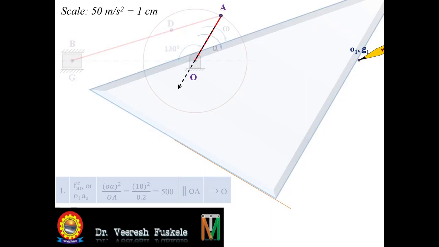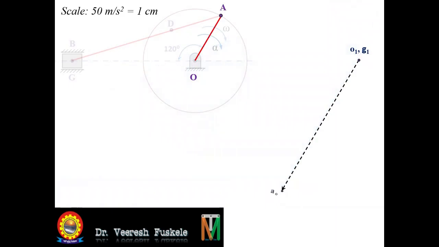So this will help us to draw the vector from O1. This is the vector O1 which will be parallel to the link OA, and the length of this vector will be 10 centimeter, which will represent 500 meter per second square, and this will give us the point AO. This will be the centripetal component of A relative to O.